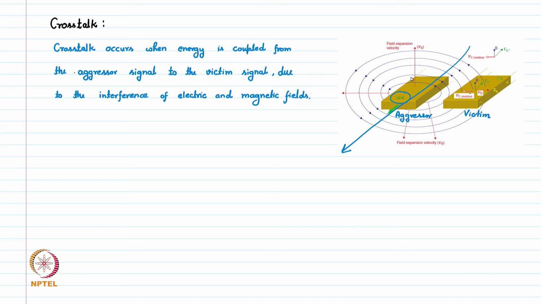If there is another track, this victim is close by, then this induced electric and magnetic field will produce some voltage or some noise on this victim. That depends on how fast the signal is moving. If the signal is moving very fast, then there will be a lot of crosstalk induced on this victim. So this is the crosstalk which happens because of the time varying signal.